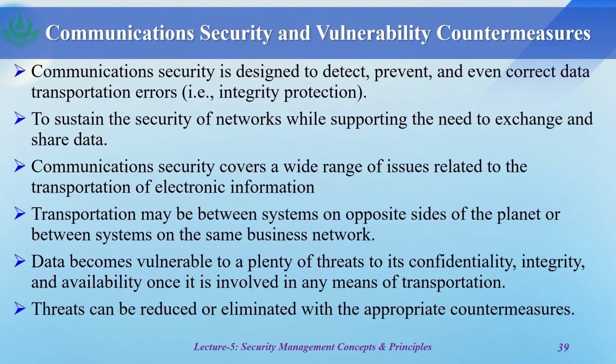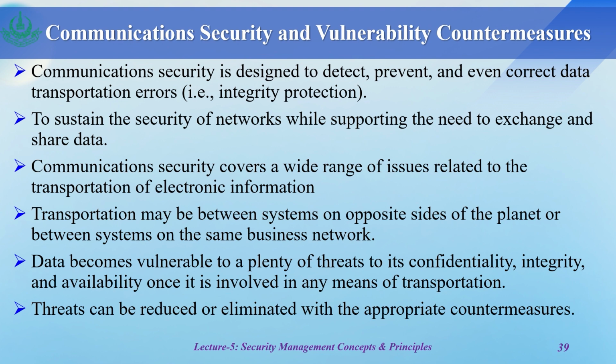Communication security and vulnerability countermeasures include designs to detect, prevent, and even correct data transportation errors. That means integrity protection to sustain the secrecy of the network while supporting the need to exchange and share data. Communication security covers a wide range of issues related to the transportation of electronic information.